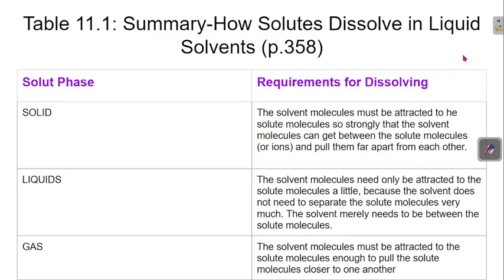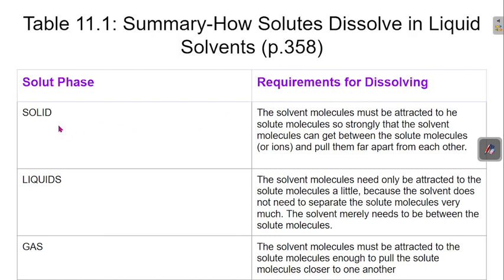Table 11.1 in your textbook, page 358, summarizes how this works, and you need to know this. Solute phase can exist as a solid, liquid, and gas. Same for solvents. You need to be able to give examples. What are the requirements for dissolving?